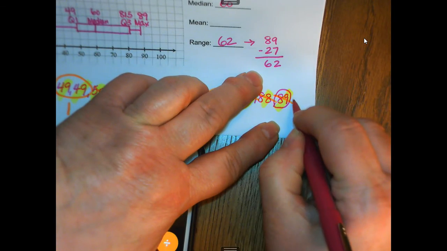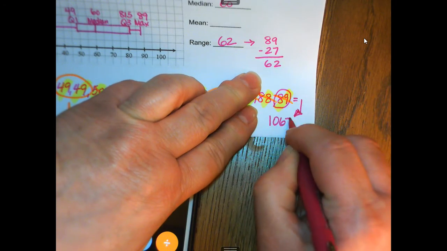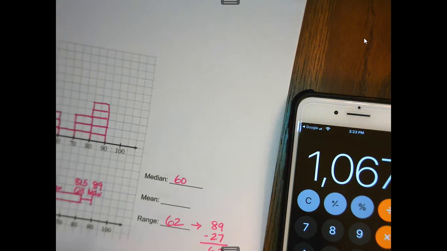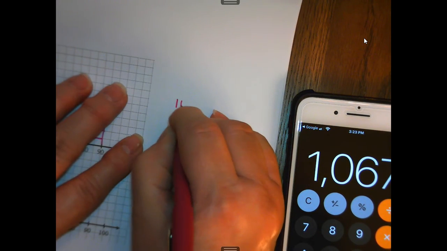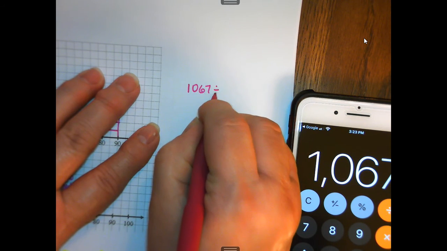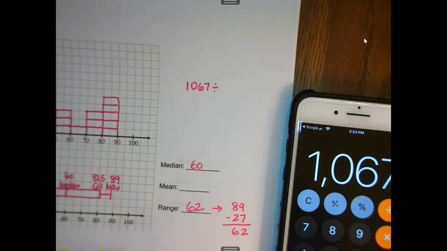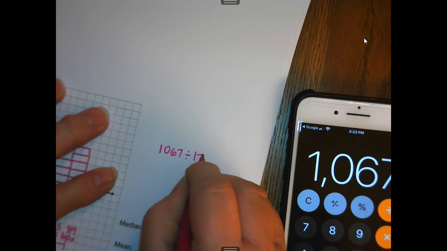So if I add all these up, 1,067, that's my total of my data, but now I need to divide by the number of pieces of data: 1, 2, 3, 4, 5, 6, 7, 8, 9, 10, 11, 12, 13, 14, 15, 16, 17 pieces of data.